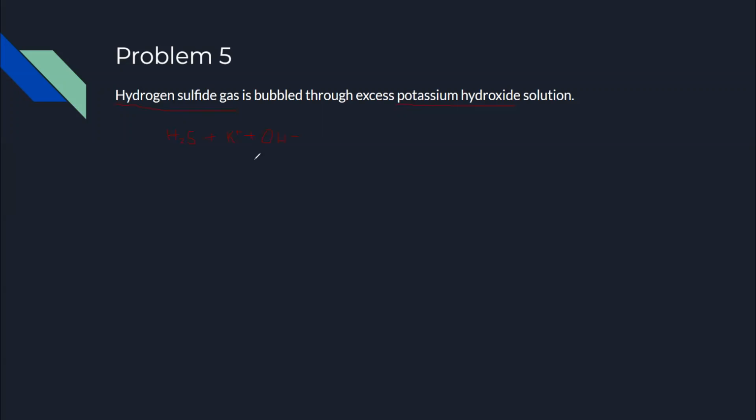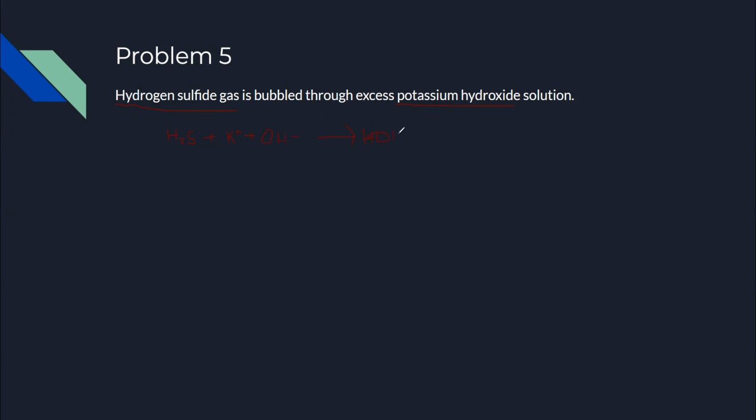For all these problems, you do need to know your solubility rules. Otherwise, this is going to be a bit of a hassle. So now what you have to do is see that when you have H2S, it just breaks apart and makes HOH, or water.